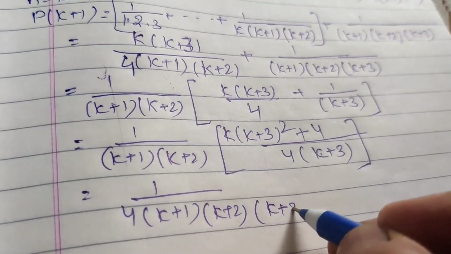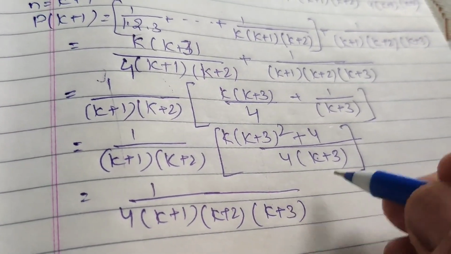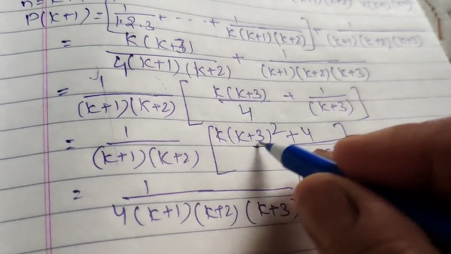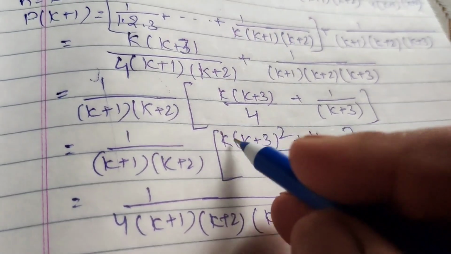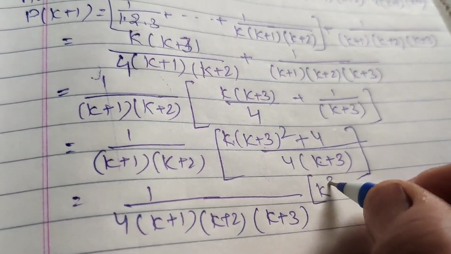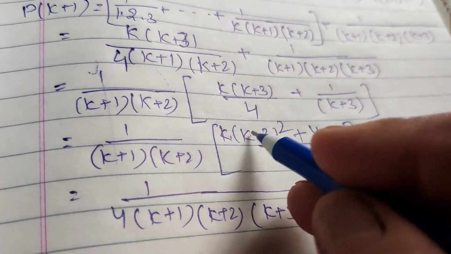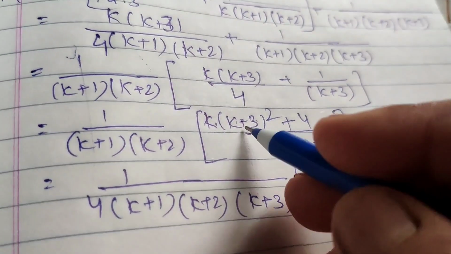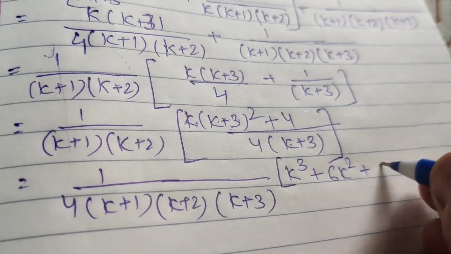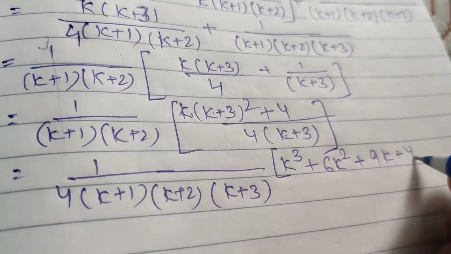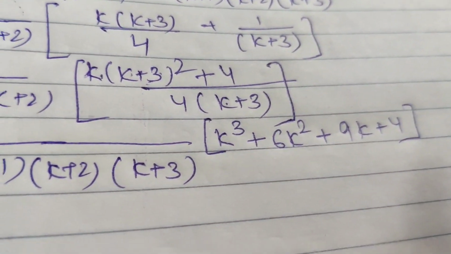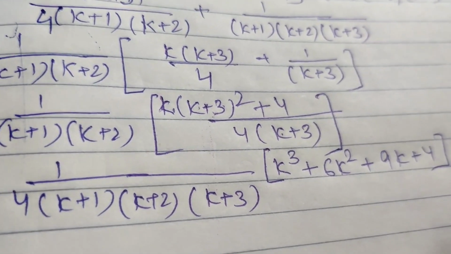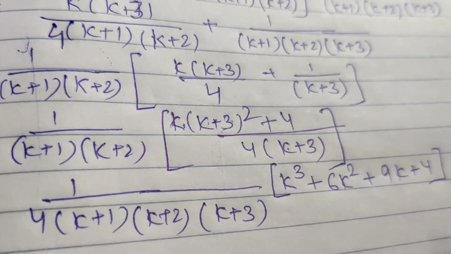Open the square and multiply by k: k cube, plus 6k square, plus 9k, plus 4. So we get k cube plus 6k square plus 9k plus 4.